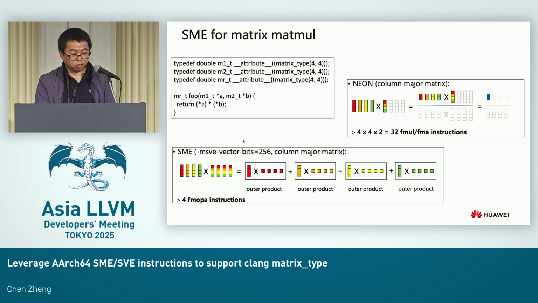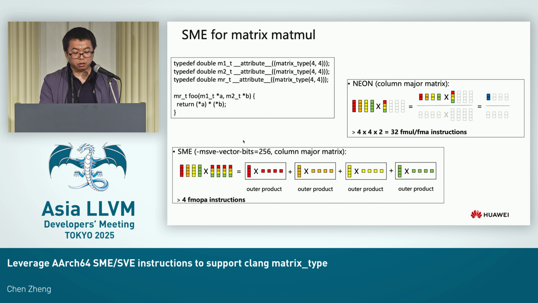Let's see an example. The source code is trying to multiply two matrices. Each matrix has 16 double values. So with the current Clang implementation, the first matrix was split into two sub-matrices, and it requires 32 FMA related instructions for the big matrix multiply.